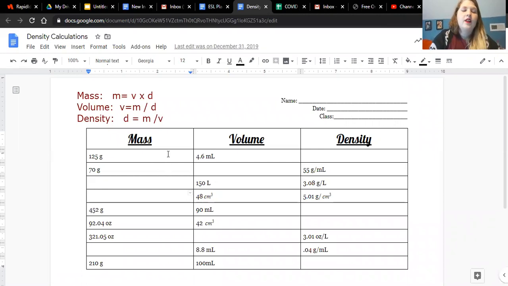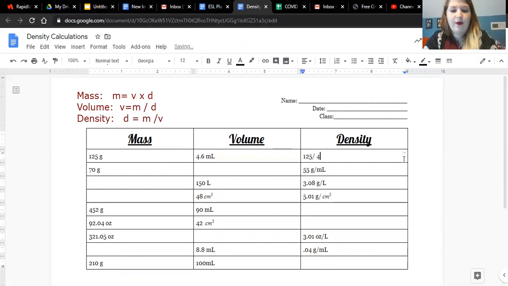So right here, we have some spaces missing in our worksheet. We have some information missing. So we have our mass, our volume, and our density. So let's figure out how we can fill in the missing pieces. So right here, we have our mass and we have our volume. We're missing our density. So what do I need to do? I need to divide these two numbers. So I'm going to divide 125 by 4.6.